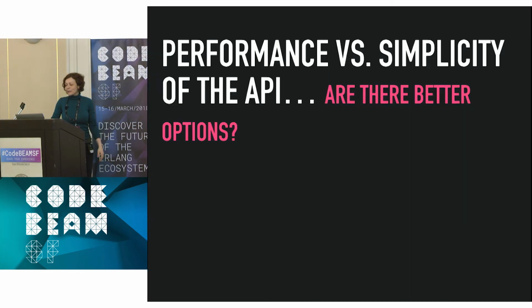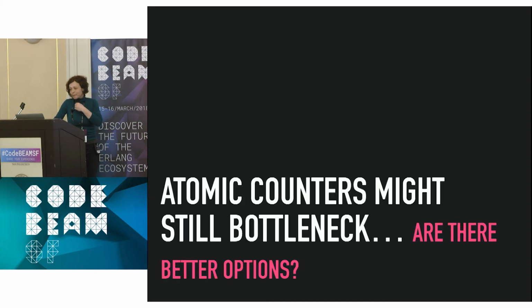So the problem with this approach is performance versus simplicity of the API. And the next step for us is to explore better options. Another thing we found while we were running this library, while it worked much better for us than Xameter, one of the metrics was still a bottleneck.